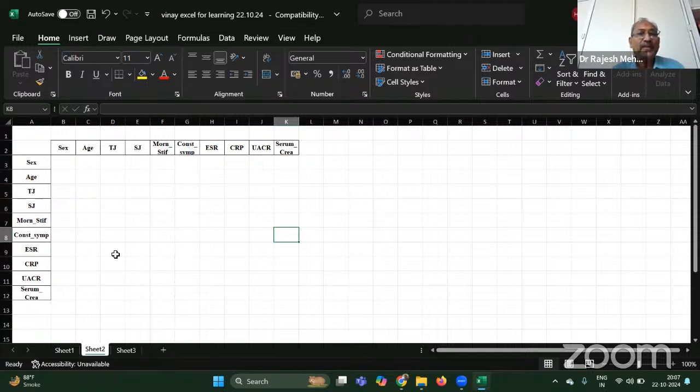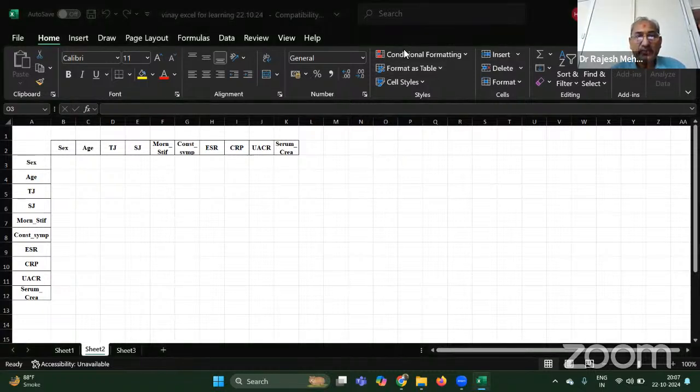If you go for permutation and combination, how many tables are possible? Can you tell me in chat? We have 10 variables for analysis. If you do the permutation combination with the same 10, so sex versus age, sex versus TJ, SJ with age, like that.